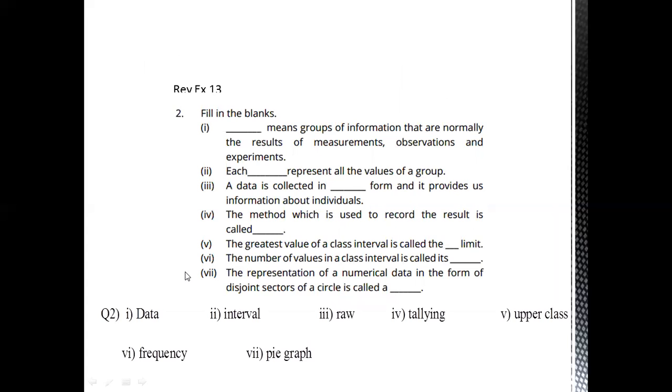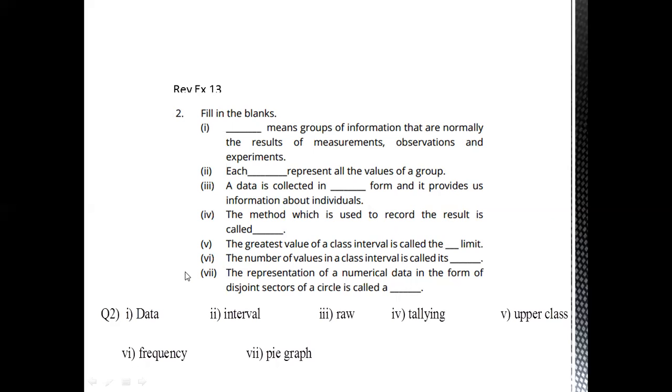Now come to the review exercise. Review exercise is fill in the blanks and MCQs, you will do it by yourself. The first blank is: dash is a group of information that is normally the result of measurement, observation and experimentation. So what will be the answer? The answer is data.